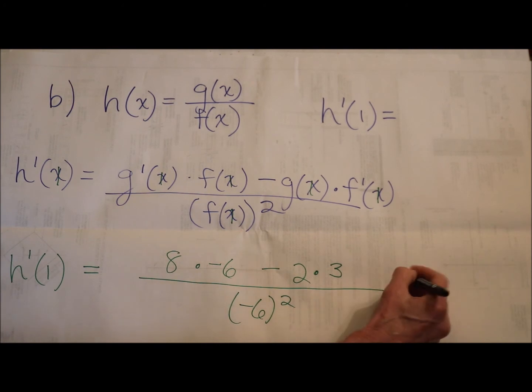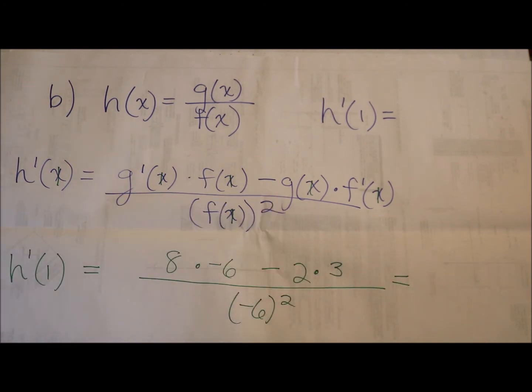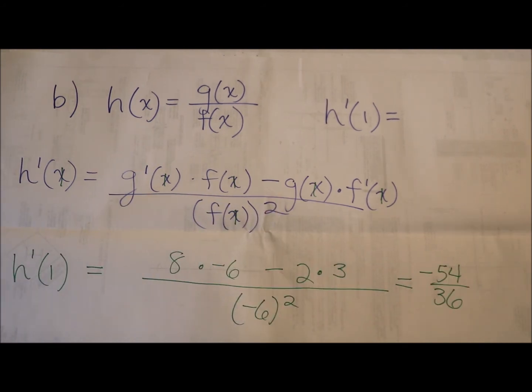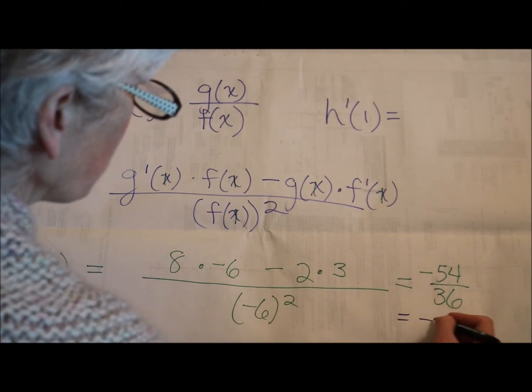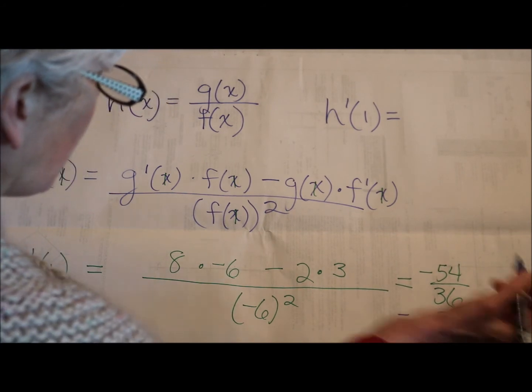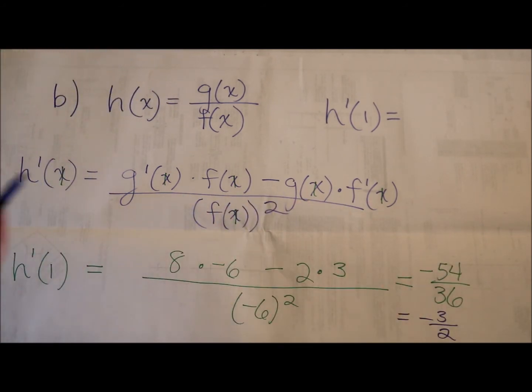And there it is. That wasn't bad at all. And your answer is negative 54 over 36. You certainly could write that as negative 3/2, or negative 1.5, but you do not need to simplify.